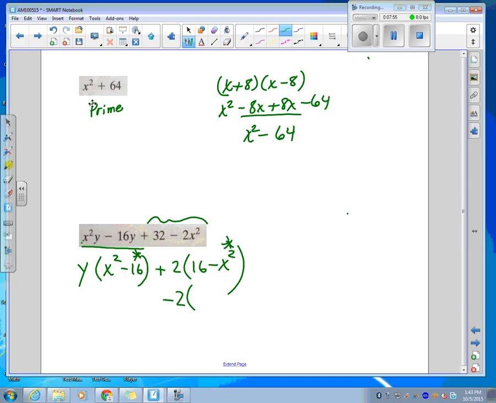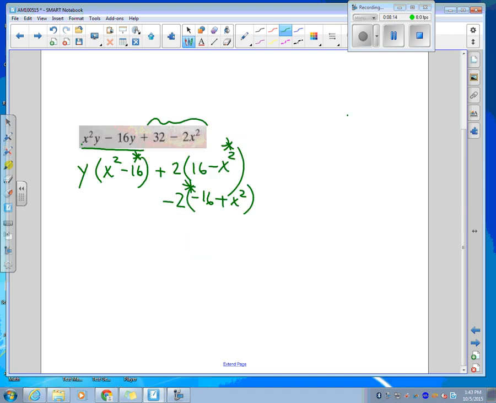Now let's see how that helps. Negative 2 times 32 is going to be negative 16, because negative times negative makes a positive. And then this one will need to be plus, right? And this one's going to be x squared. So this helped me because this now matches this, because addition is commutative, isn't it? So what we're saying is that this is the same thing as this, isn't it?